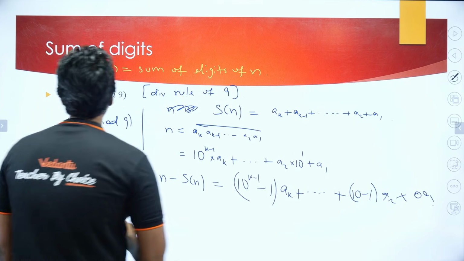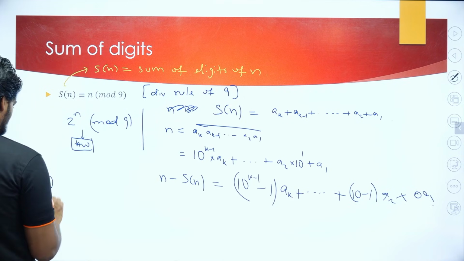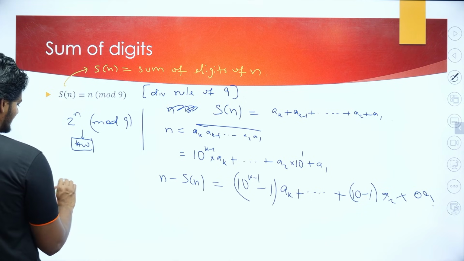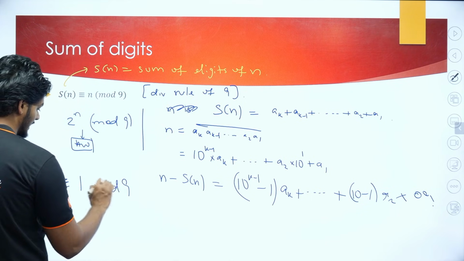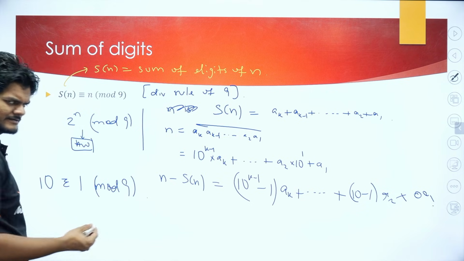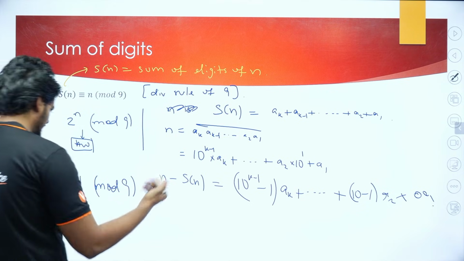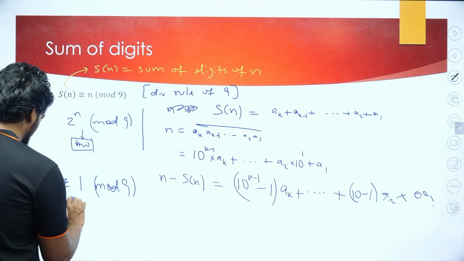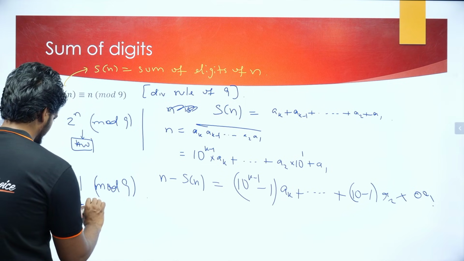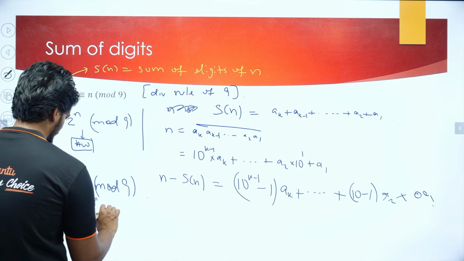Now we need to look at 10 being congruent to 1 mod 9. 10 is simply 1 plus 9. That should imply that 10 power n is congruent to 1 power n, which is 1 itself, mod 9.